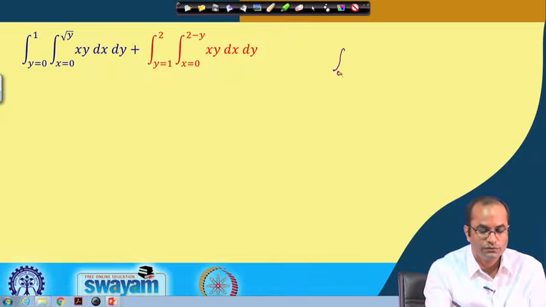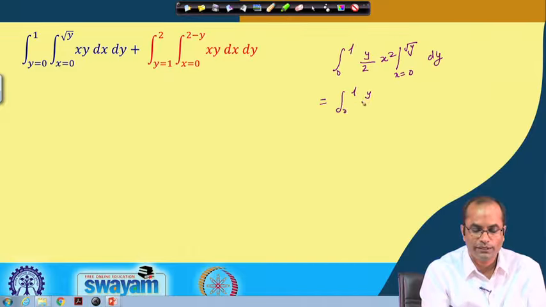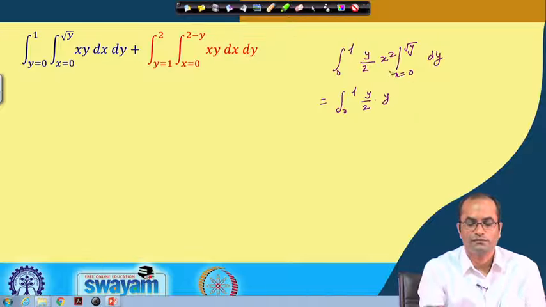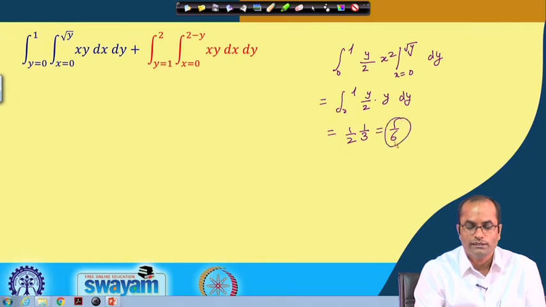When we integrate with respect to x, this will be x square by 2, and we put the limits for x from 0 to square root y, with dy. So, y by 2, since x square becomes y when we put square root y, minus 0. So, we have half y dy, so half y square, which will be 1 by 4 y square, and when we put the limit 1, it will be 1 minus 0. So, we get the value 1 by 6 here.